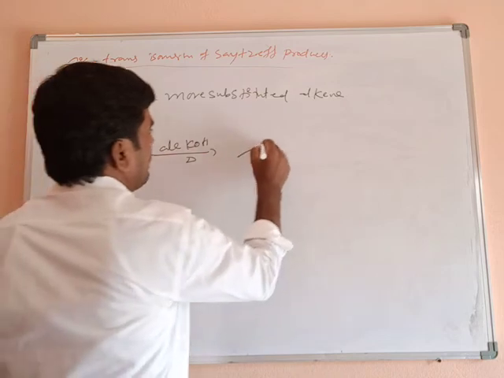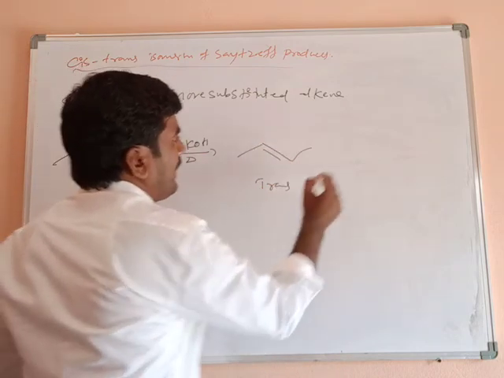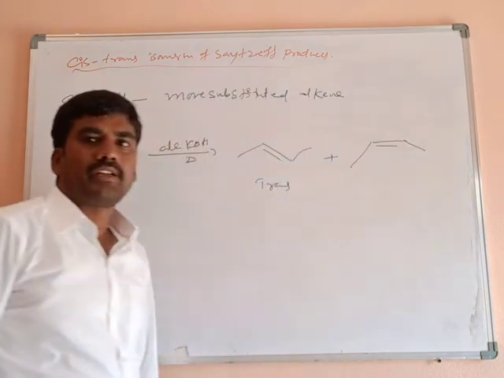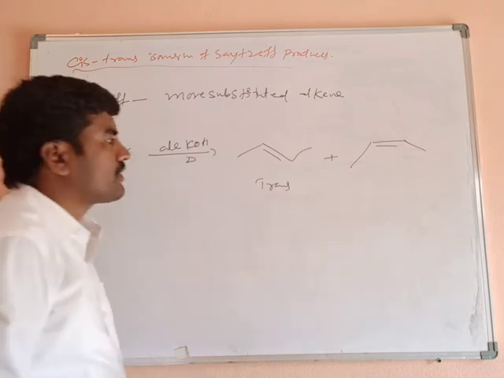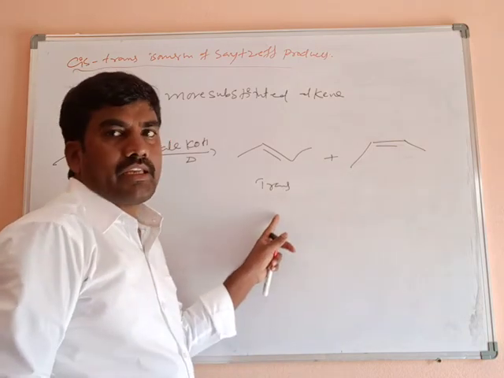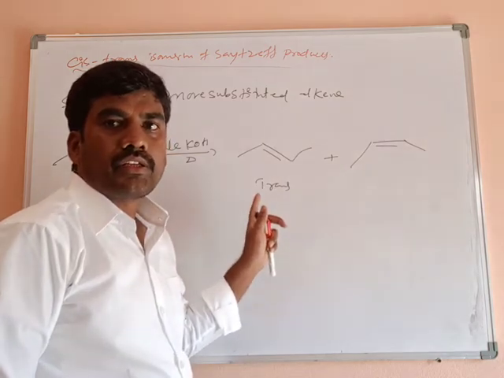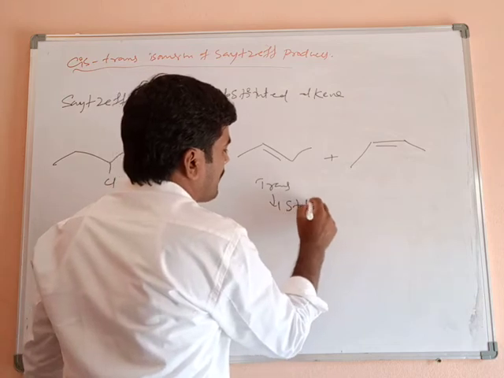We will get a trans alkene and a cis alkene also. Both will form. Among these two, the trans alkene will be the stable product.